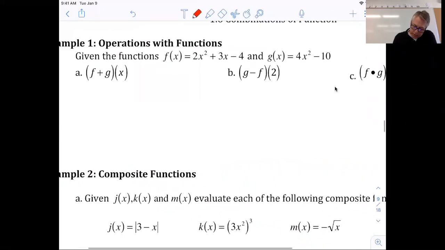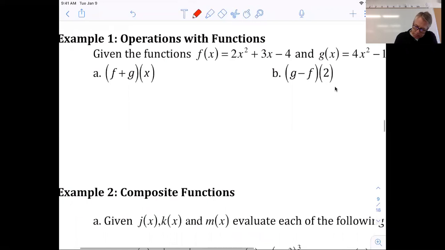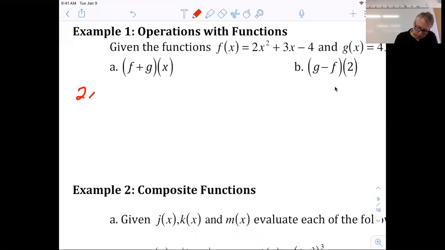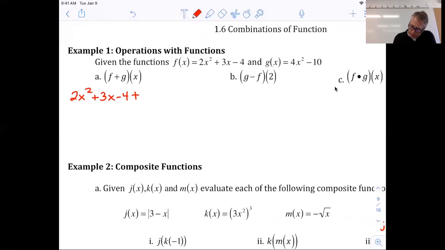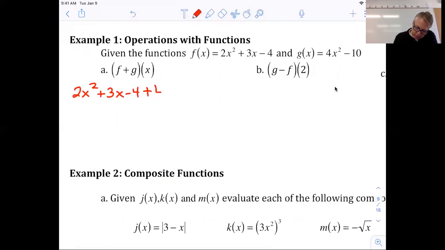So all we're doing is taking f of x, which is this, plus g of x, which is that. So it's just going to be 2x squared plus 3x minus 4, that's f of x, and then plus g of x, which is 4x squared minus 10. We're just adding the 2 functions together.